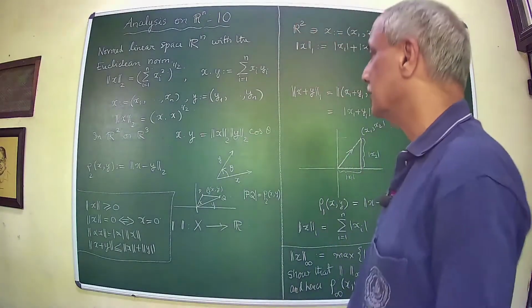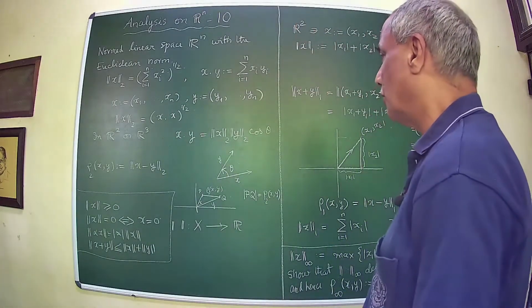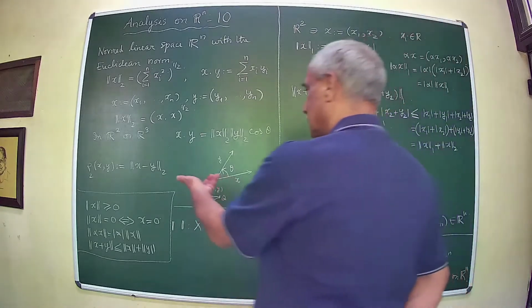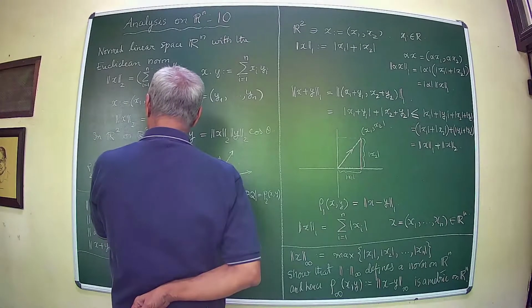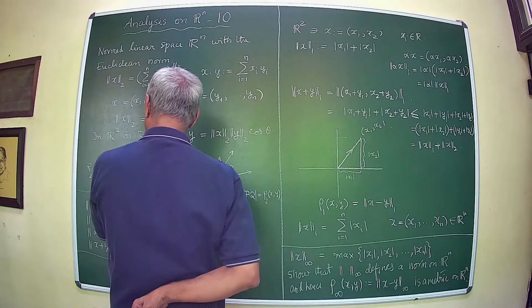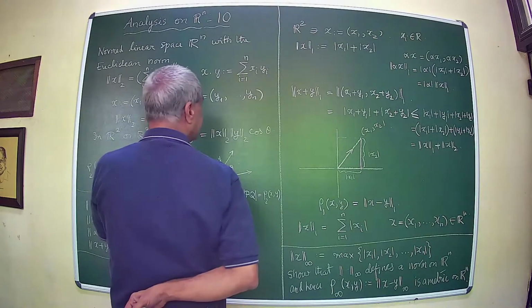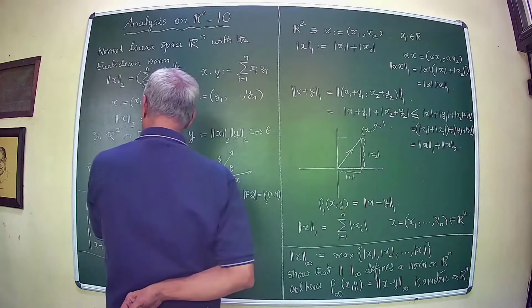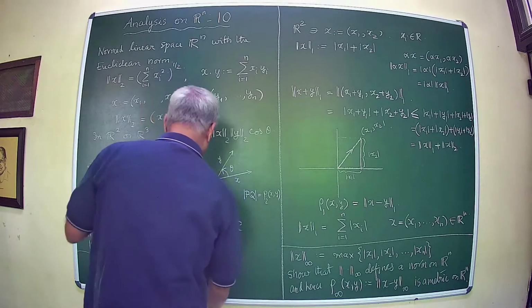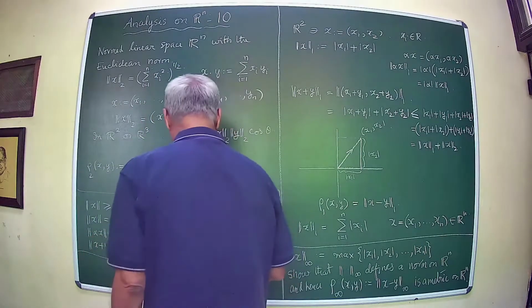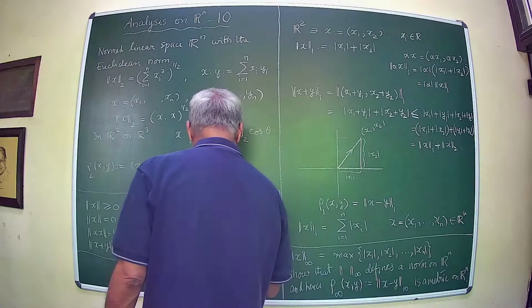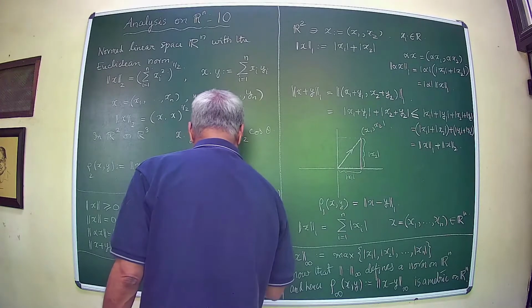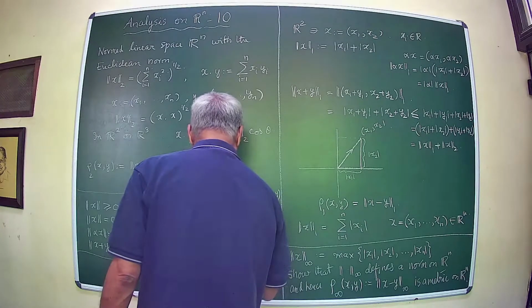Because in general, you know that the norm is certainly greater than or equal to 0, and rho of xy is equal to rho of yx. These are the properties. That rho of xy, which is defined, is greater than or equal to 0.